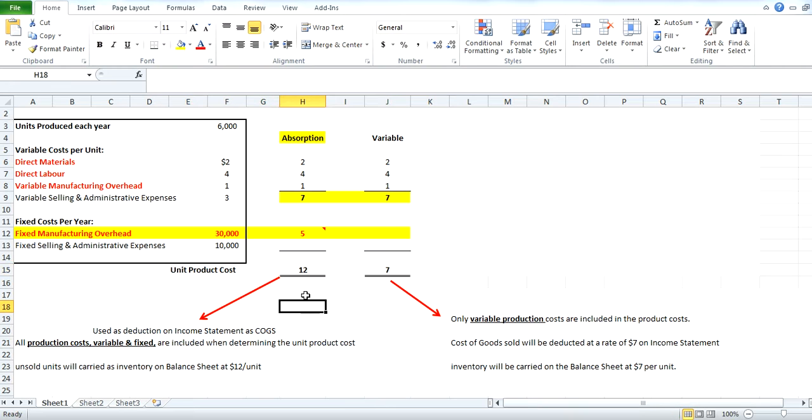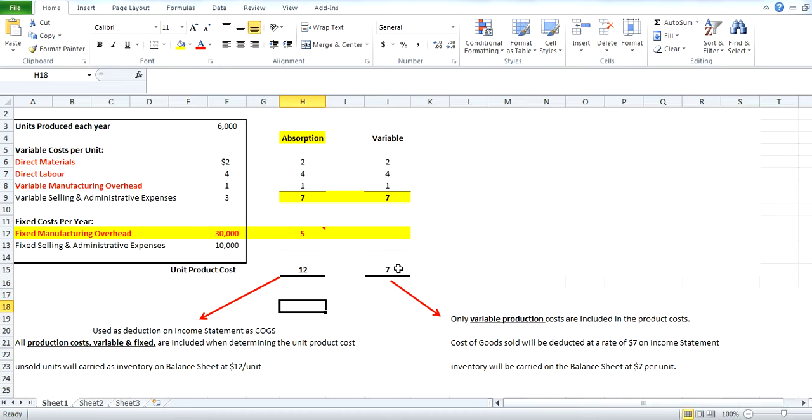So logically, if we have a $12 per unit cost under absorption costing, on our income statement we will have a higher cost of goods sold versus under the variable method. Because we're going to report cost of goods sold as 6,000 times $12. If we follow the variable costing method, then our cost of goods sold is going to be less.